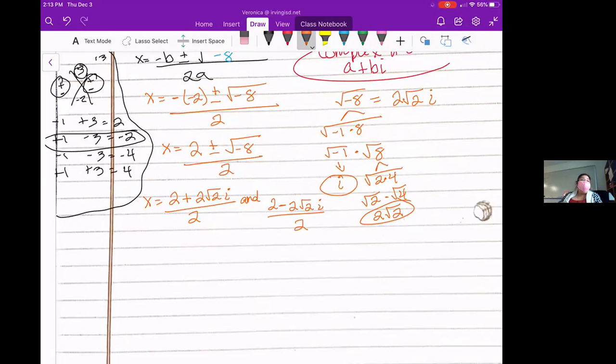You should see that there's a lot of 2s, right? So that should kind of trigger something in your brain like, oh, I can probably reduce this, right? So 2 divided by 2 is 1. So x equals 1 plus, and that's me doing that part, right? And then this part right here, 2 divided by 2 is 1. Square root of 2i.